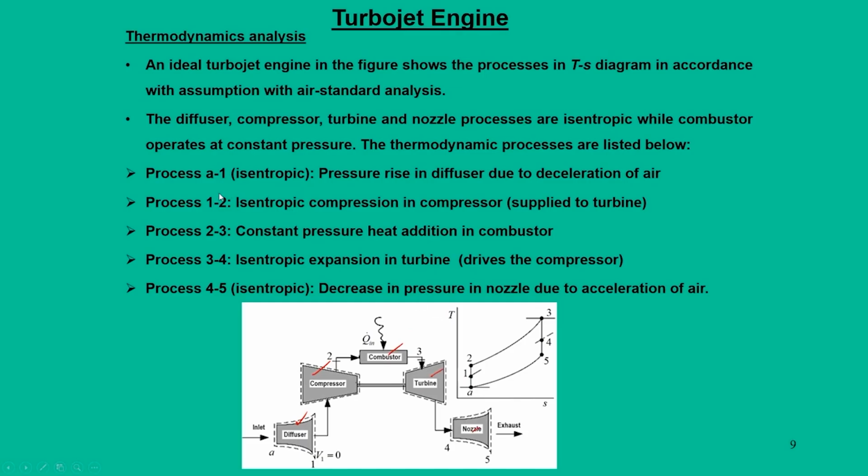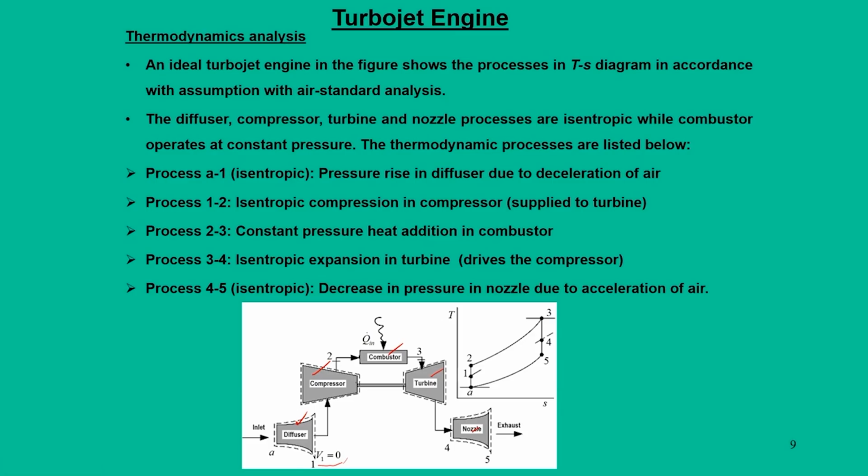So, the process starts with A to 1. A to 1 is the diffuser, that means air inlet to the diffuser, and what does this diffuser do? In the diffuser, the pressure increases at the cost of velocity. At the end of the diffuser, ideally the high speed air comes to a kind of zero velocity.